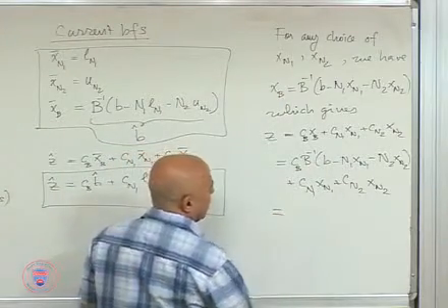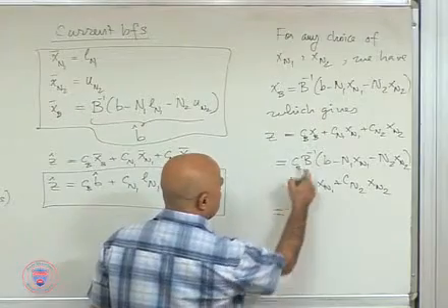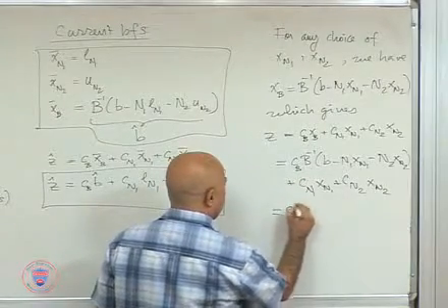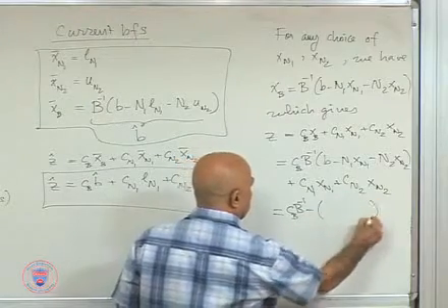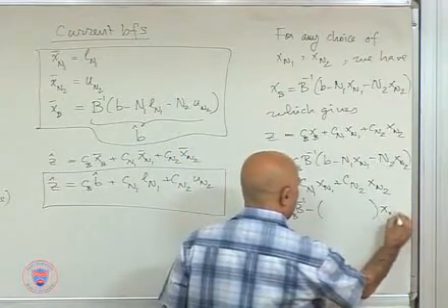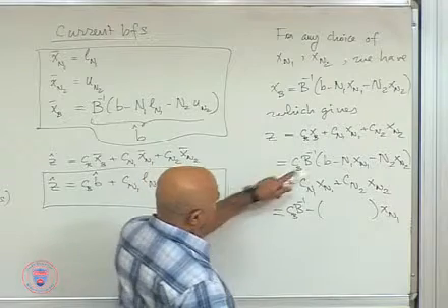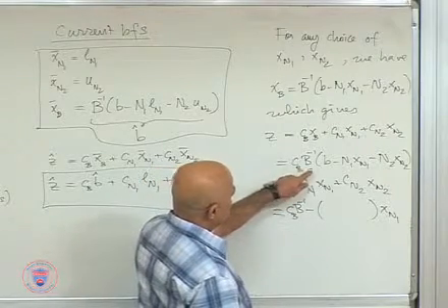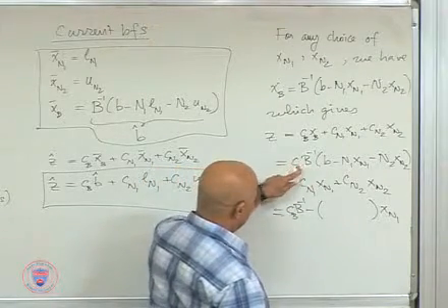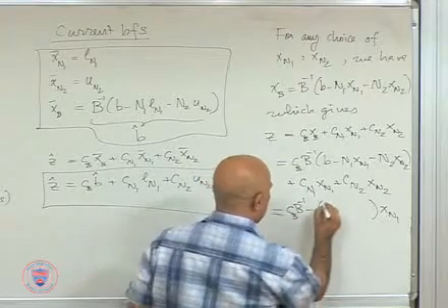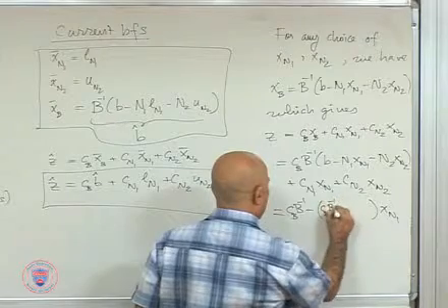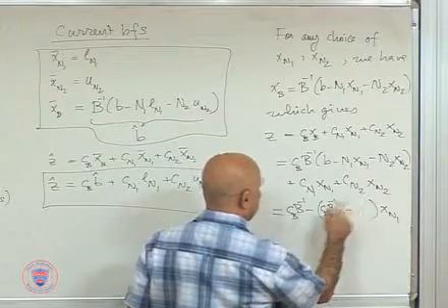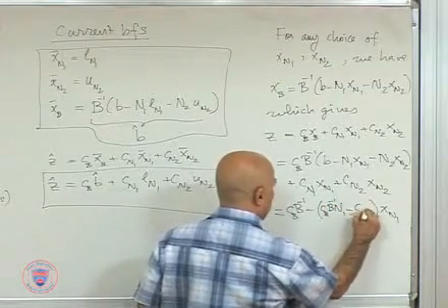And then this will give you CB B inverse b minus something times xN1. What is that something? CB B inverse N1 minus CN1.